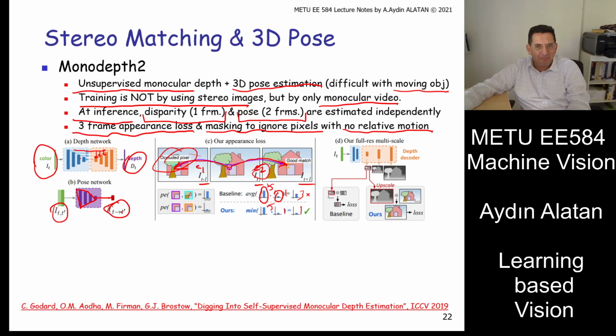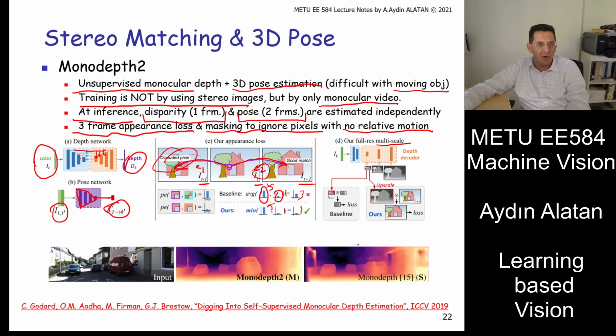And we also have this multi-scale depth decoder for obtaining some improved results, okay? And that also improves the typical result. With respect to Monodepth, please look at Monodepth 2. We have much better results compared to here, okay?